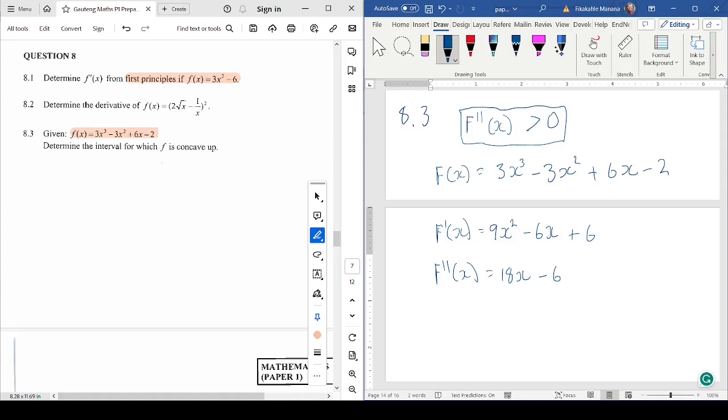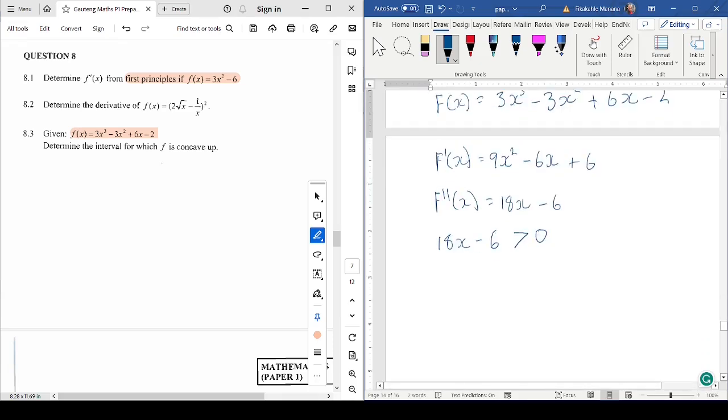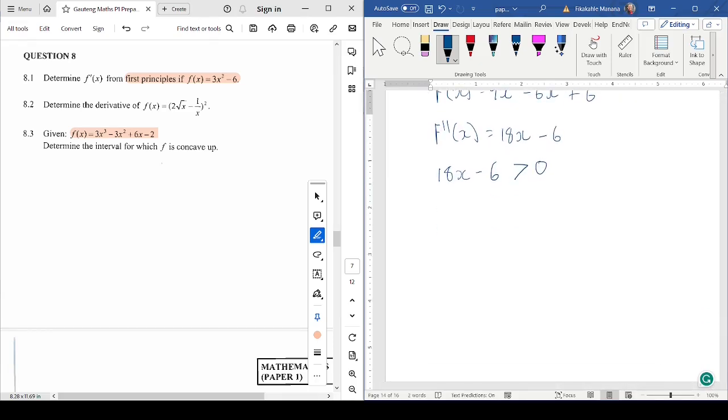Cool. Now we are ready. We have f double prime of x, just like in our condition. So let's just put it in. It's 18x minus 6 must be greater than 0. So now what we're going to do is take that 6 to the other side so that we have 18x is greater than 6, because it changes sign, and then we divide both by 18.